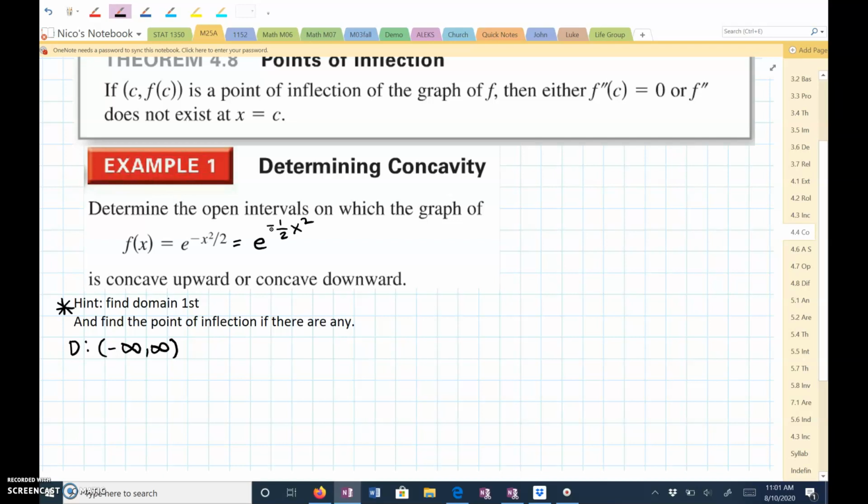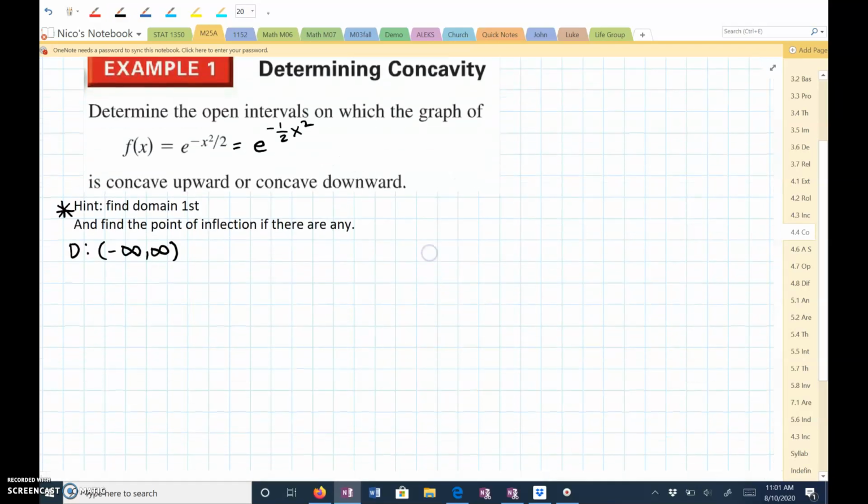Okay. Next, we need to find the first derivative. So f prime of x. Let's take the derivative here. We know the derivative of the e to the u function would be e to the u times u prime.